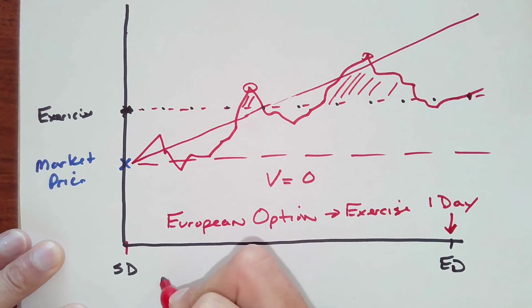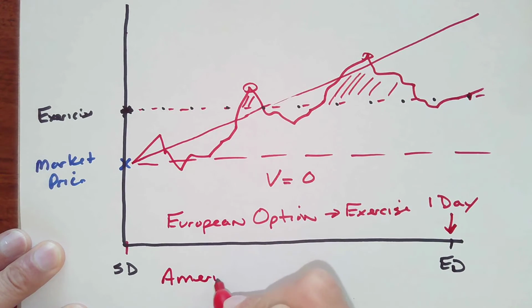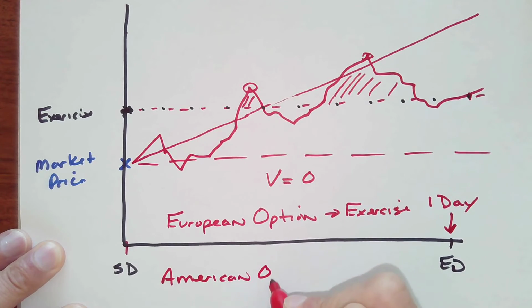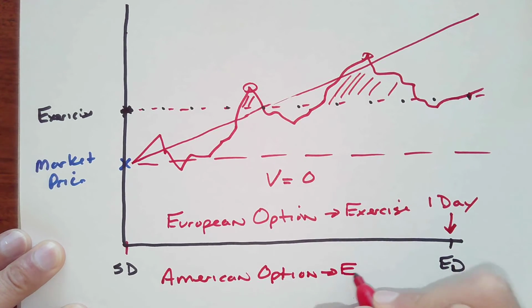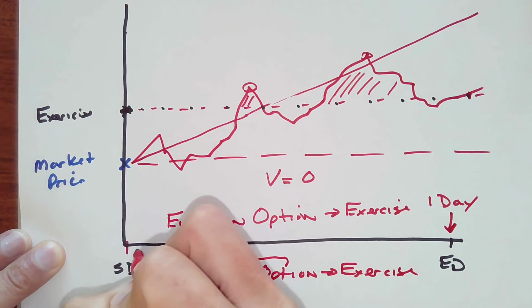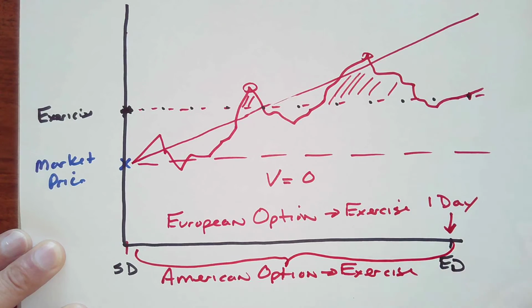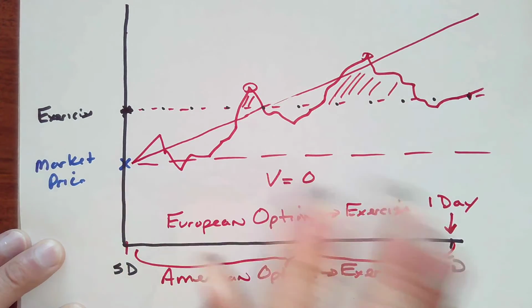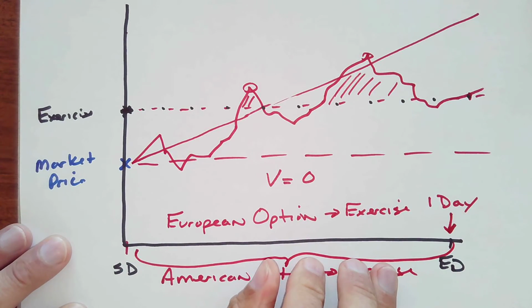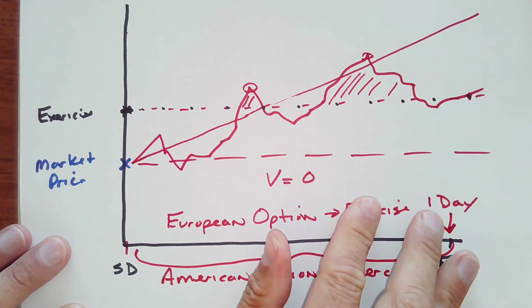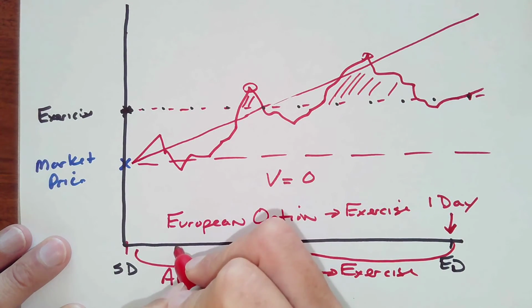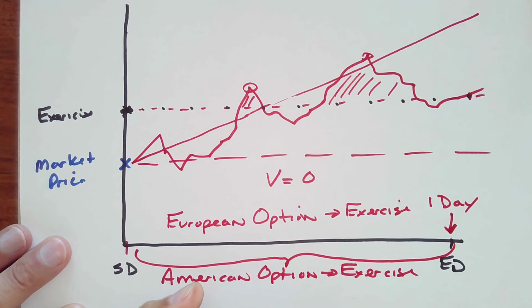An American option, I can exercise every day. Every day I have the opportunity to exercise. And then there's other different kinds of options that exist. A Bermudan option, maybe you can exercise it 4 times a year.